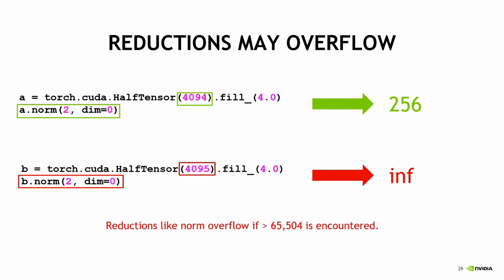Even though the result would be representable in FP16, since the computation of the norm overflowed at one point, we can't recover from it. FP16 is actually going to give you a NaN if you just push this to one more value. All it took was that one extra value to go from getting a nice good output of 256 to something that should have been very close to 256, but since the computation hit inf, it can't recover from that. We no longer know what the value is supposed to be.